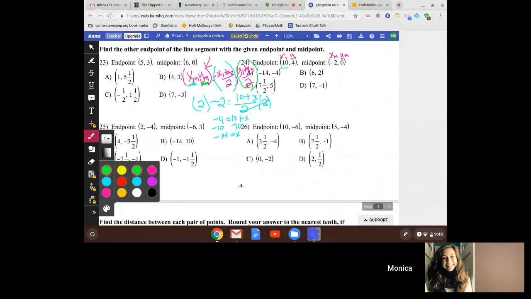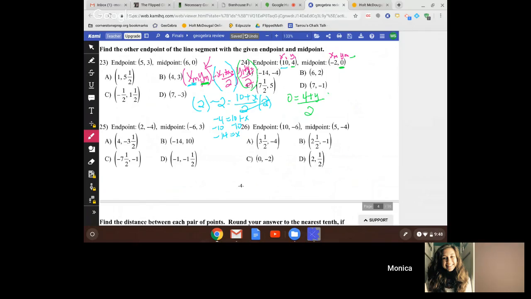Now we have to find our y, or our ym. So ym is here, 0. So 0 equals y1 plus y2 over 2. So our y1 is 4. We don't know the other term, so we'll just put a y over 2.